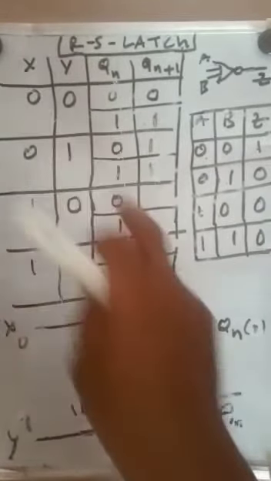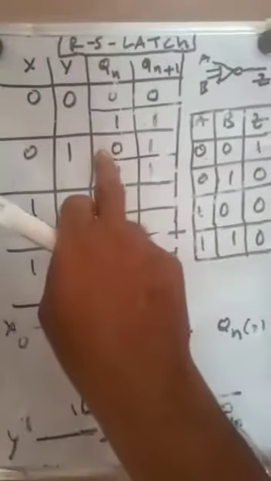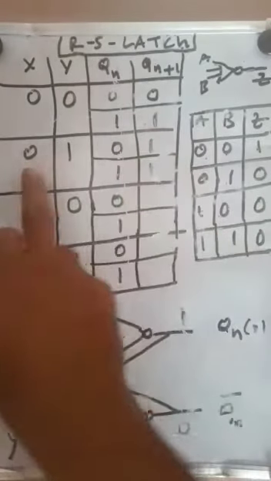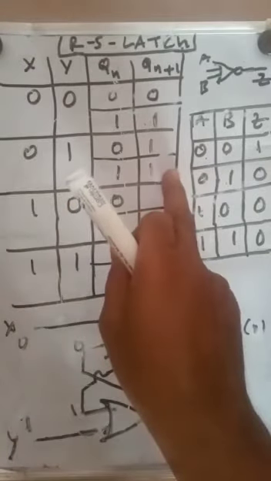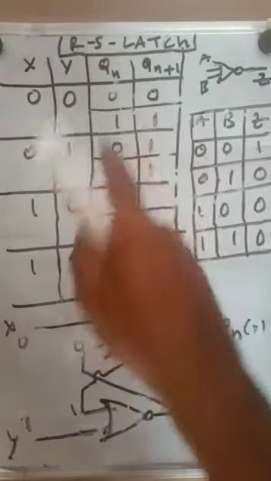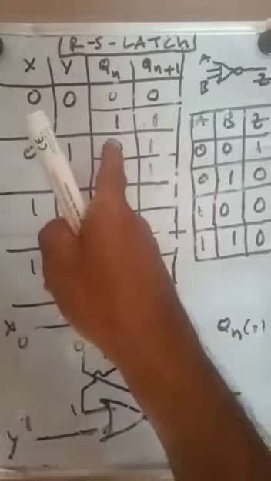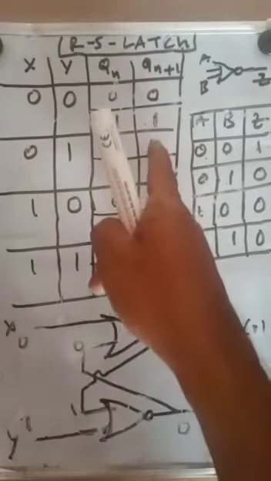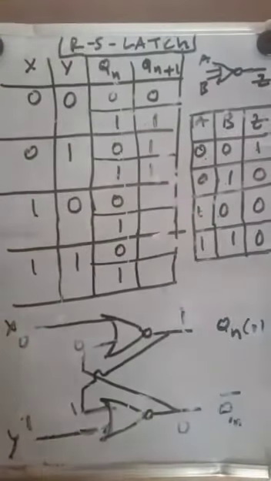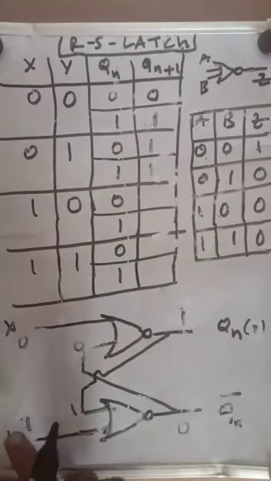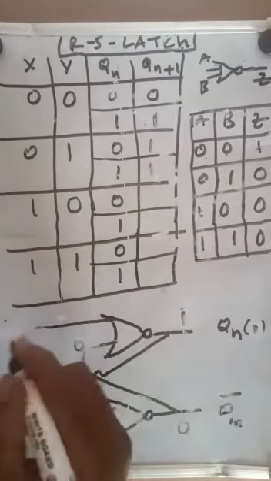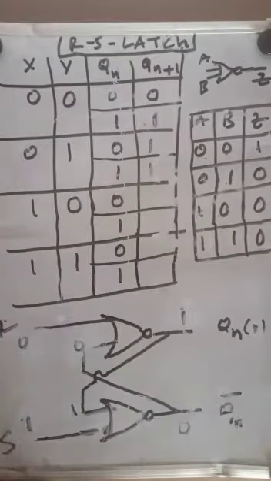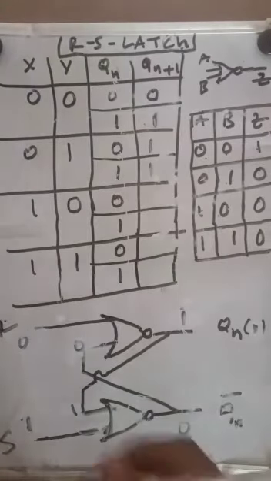That means if the present state is equal to 0, the next state becomes 1 when the inputs are 0, 1. Right? If it is 1, the same inputs, the next state will be set to 1, whether it is 0 or 1. So that's why it is called set, and this is what is called reset.